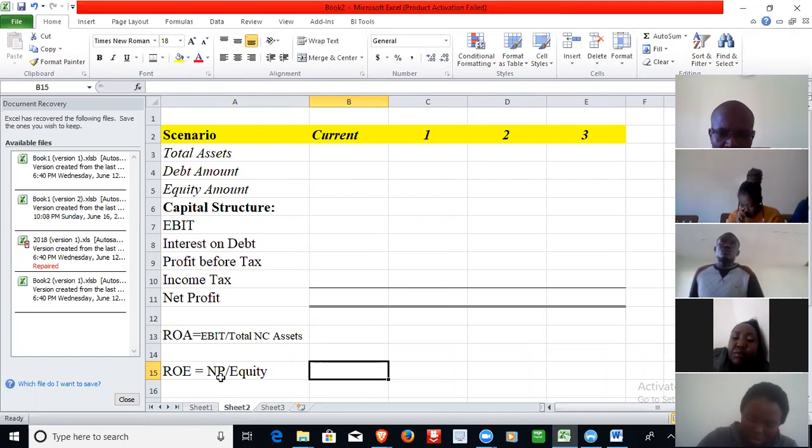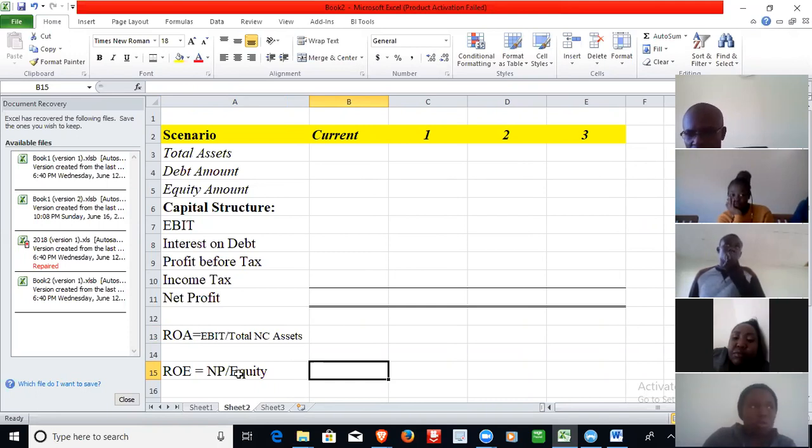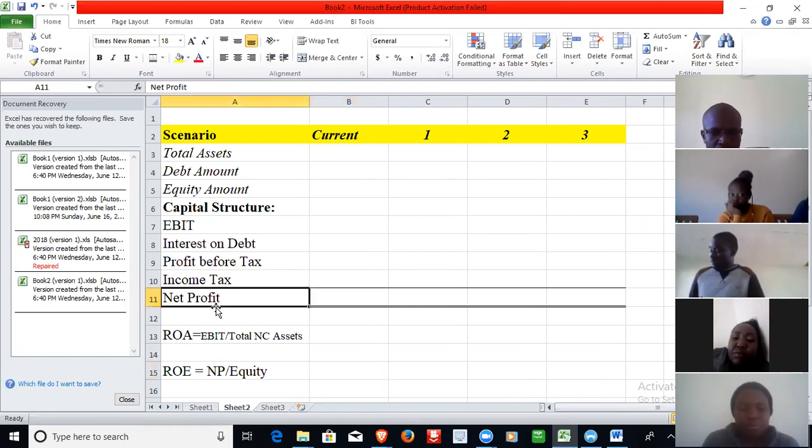Then return on equity. We are looking at the return on the investment done by shareholders. What percentage are they going to enjoy from their investment? So it's going to be net profit over the equity that they would have put into the investment.